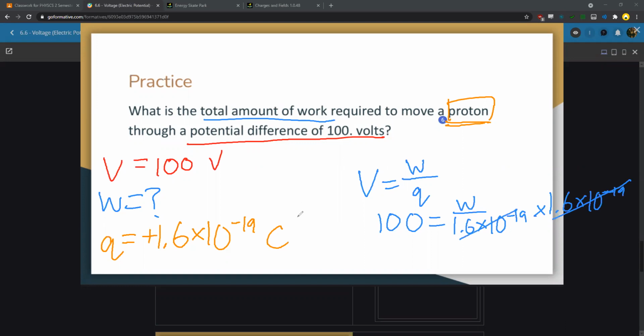Cross that out. 100 times that. And that's your answer. I give you guys like 1 minute to copy this down. And I'm going to show you what this means, by the way. I'm going to show you how to visualize this problem.